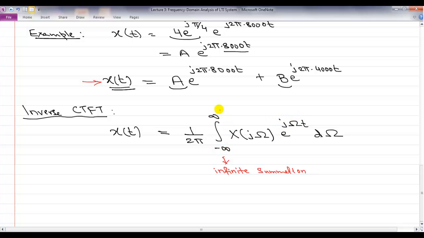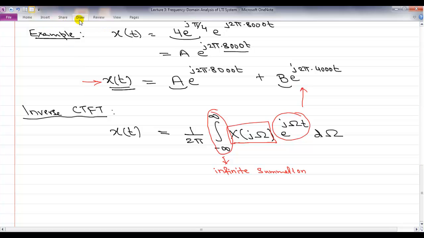Now, if you think of this integral as the summation, then let's look at this. What is this thing saying? And compare to this case. This is saying that you have a sinusoid with frequency capital omega. And that is being multiplied with something x of j omega, okay, which is a complex number.